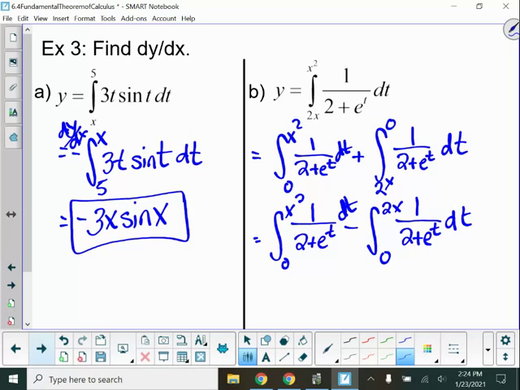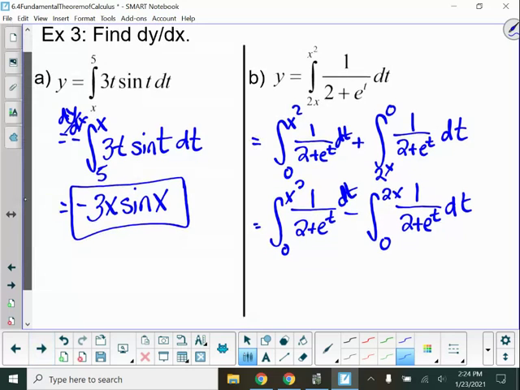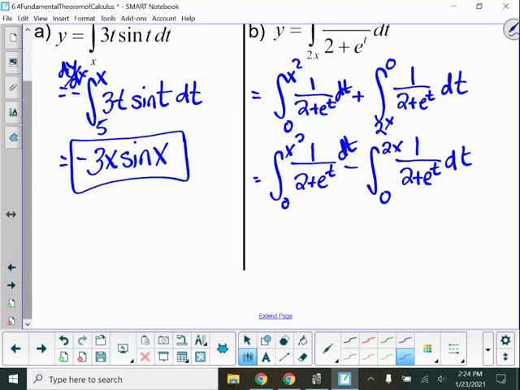Now I'm to the point where I can actually plug in and multiply by the derivative. So when I plug in, the x squared is going to go in for the t. The derivative of x squared is 2x. Well, when I multiply that fraction by 2x, I'm going to get a 2x on the top.